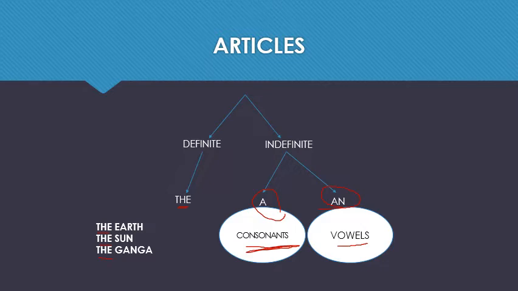But in this case we can use any random thing like apple, or a kite, a kite, an apple. So it can be any kite or any apple, any random thing.